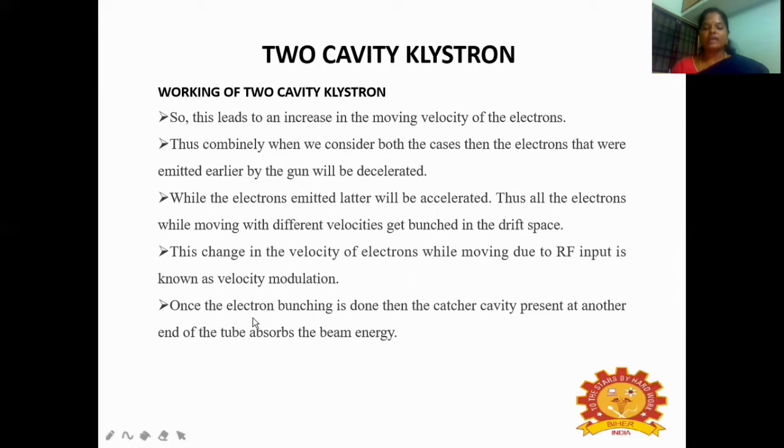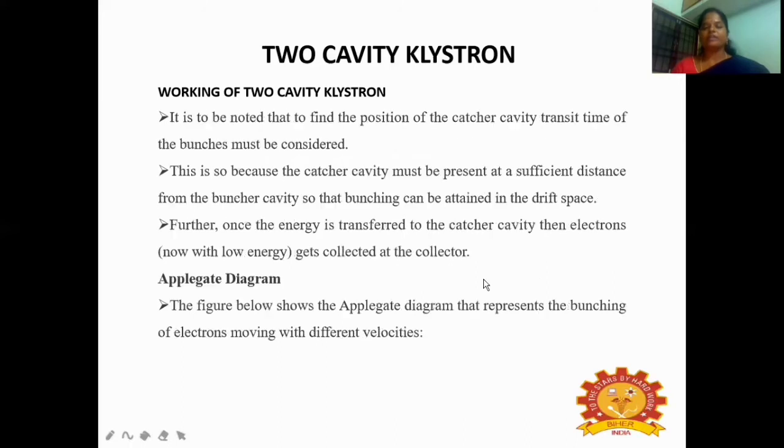So once the electron bunching is done, the catcher cavity present at the other end of the tube absorbs the beam energy. In the drift space all the electrons get bunched, then this energy is absorbed in the catcher cavity, which is present next to the drift space.